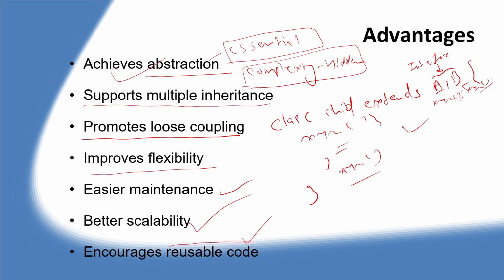We have seen the concept of multiple inheritance using classes as well as interfaces. We cannot achieve multiple inheritance using classes, but using interfaces we can. We also compared interfaces and abstract classes, and we saw the real use cases of the interface.